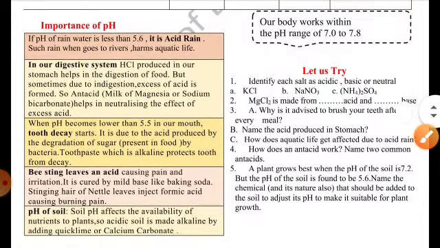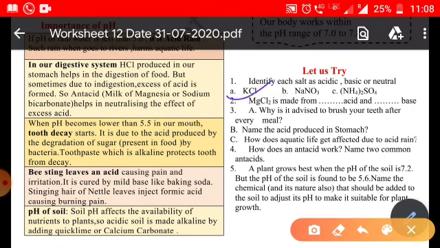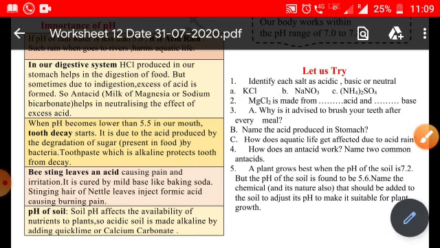And then the question: identify each salt as acidic, basic or neutral. KCl, NaNO3 are both made up of a strong acid and a strong base, so they are neutral, whereas ammonium sulfate is made up of a strong acid and a weak base, so it is acidic.